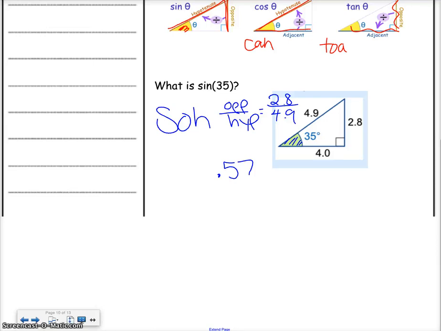You hit the sine button, it says sin, and then it gives you parentheses, you type 35 and equals, and hey, it gives you the same thing. Because it is such a popular concept with right triangles, and you're going to be dealing with them quite frequently as you go up in your math.